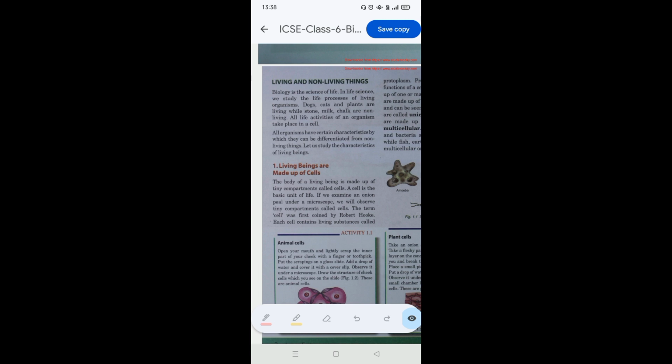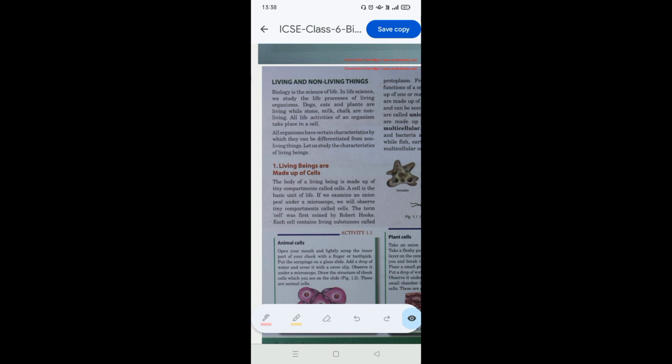All organisms have certain characteristics by which they can be differentiated from non-living things. Let us study the characteristics of living beings. So now we are going to study one by one the characteristics of living beings such that we can easily differentiate a living being from a non-living thing.